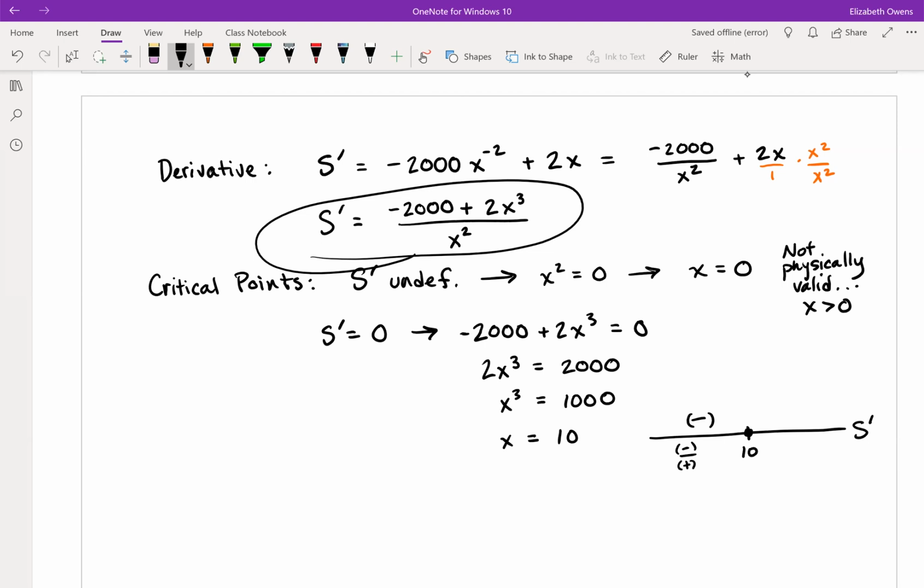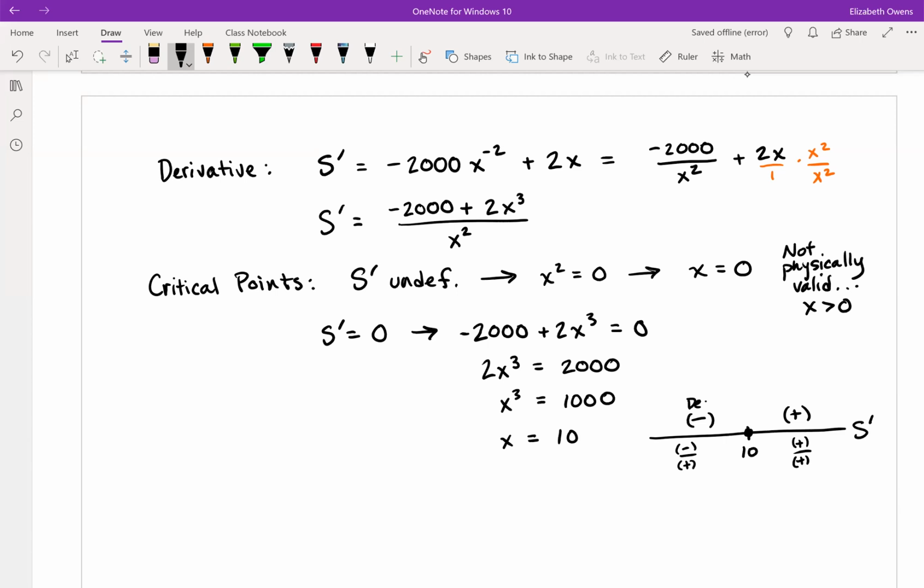And then think about a number that is larger than 10, like 100, for instance. You can do whatever you want over on that side. If you take that number and plug it into the first derivative there, it will overshadow this negative 2000 in the numerator to make the numerator positive, and the denominator is also still positive. So we got positive over positive, and that's a positive first derivative overall.